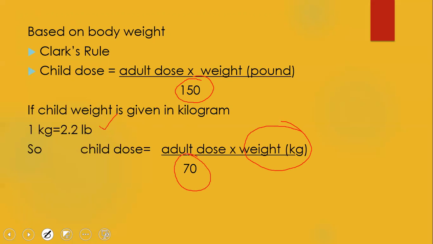Don't forget that. No need to forget, because you all know 1 kilogram is equal to 2.2 pounds. So substitute it in the equation, and we will get this: child dose is equal to adult dose into weight in kilogram divided by 70.